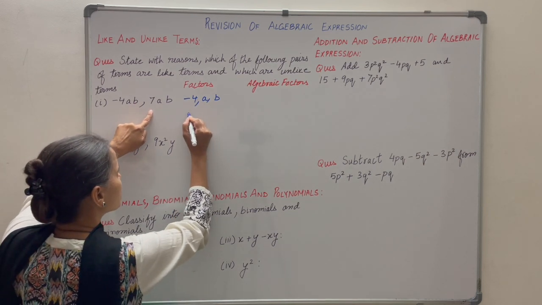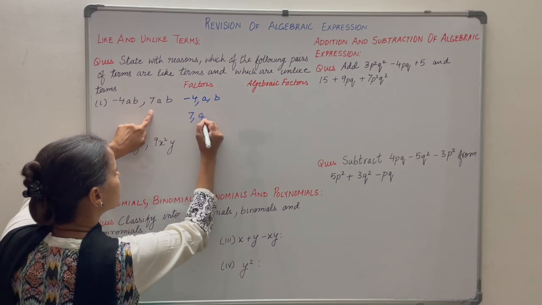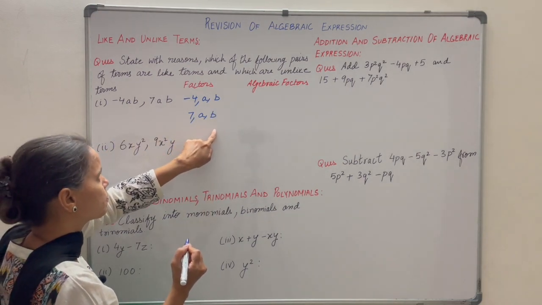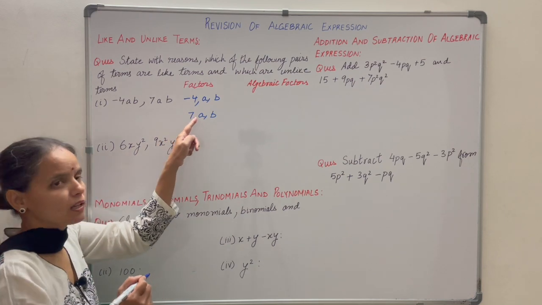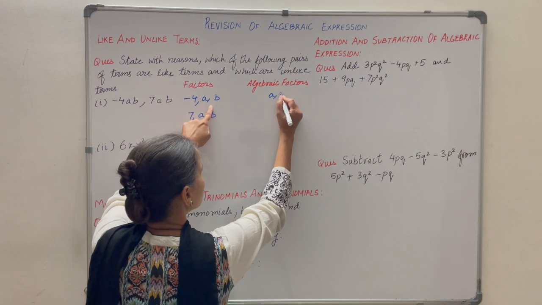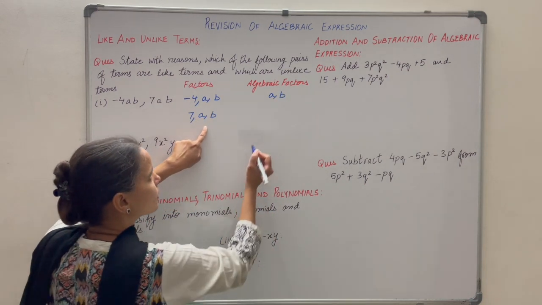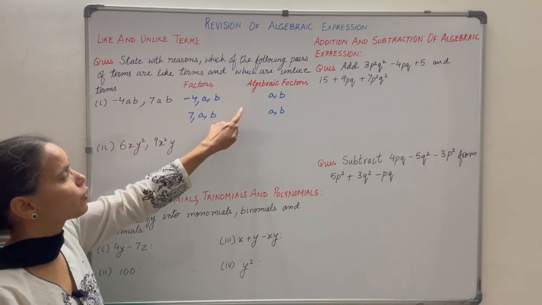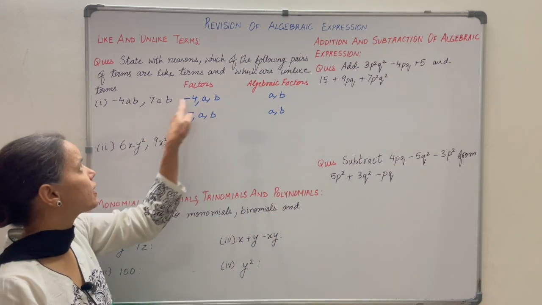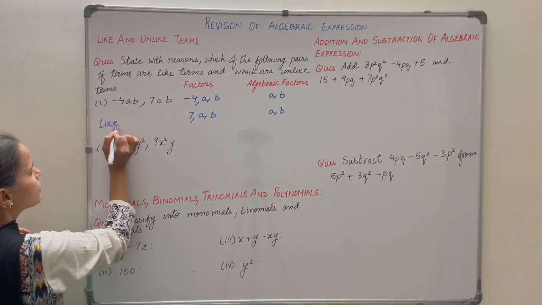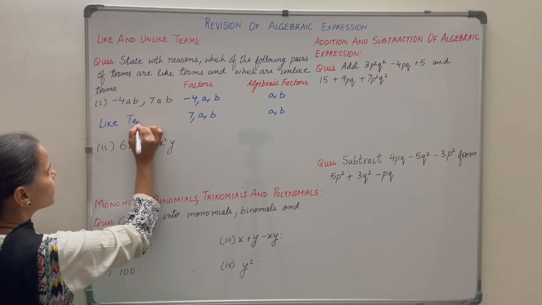Factors for 7ab are 7, a and b. So when you multiply 7, a and b, you get 7ab. So the algebraic factors for this one are a and b, and for this one also a and b. So these two terms have the same algebraic factors. So they are like terms. So minus 4ab and 7ab are like terms.